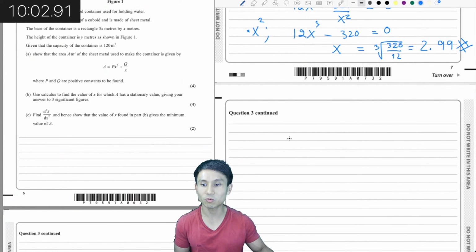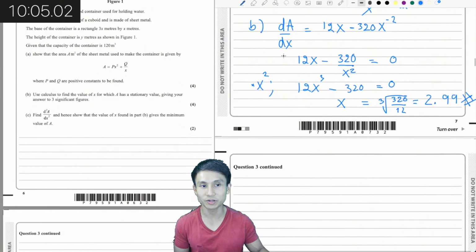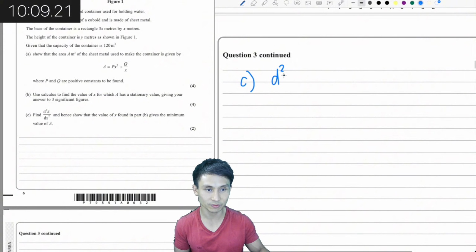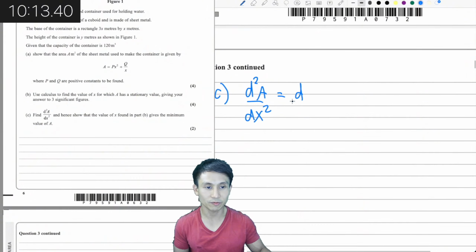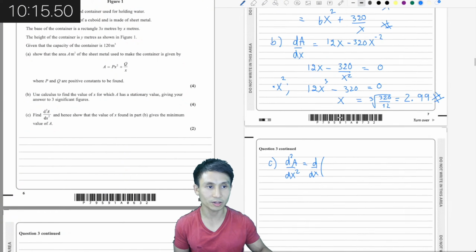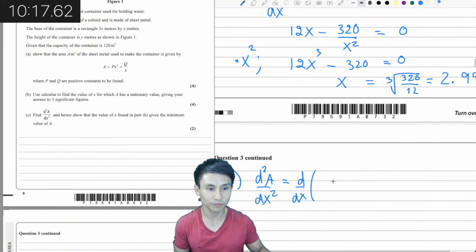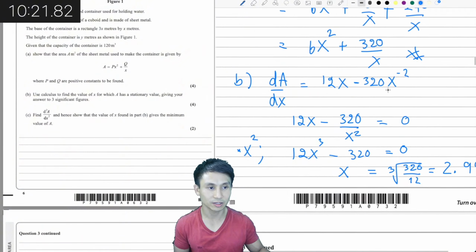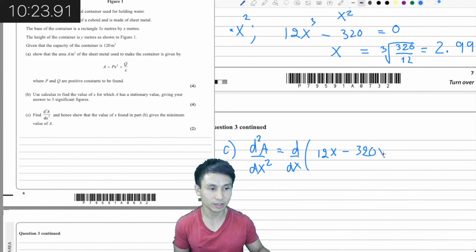Now find d squared A by dx squared. We just differentiate dA by dx again. Basically, that's the second derivative. So we differentiate that whole lot again, which is 12x minus 320 x to the minus 2.